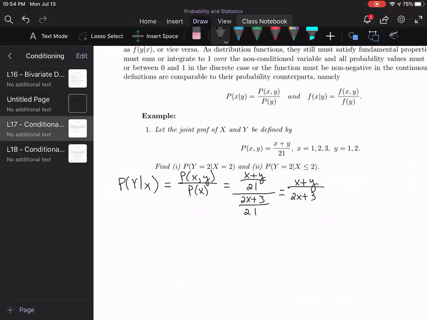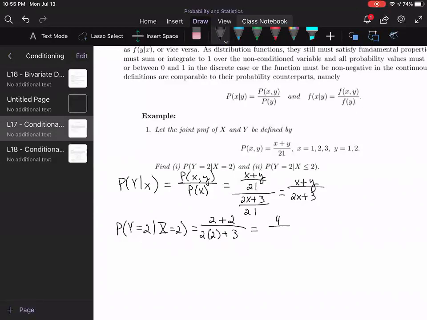Now, what changes here is that the probability that y is 2 given that x is 2, you have explicit values for each of x and y. And so you're going to plug each in appropriately. So x is 2, y is 2. The bottom, you've got 2 times an x value of 2, plus 3.